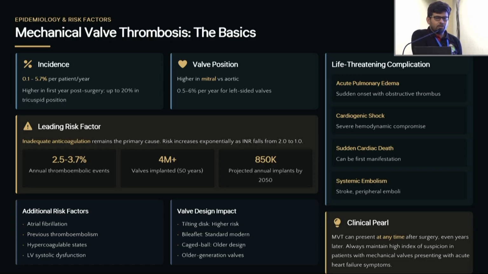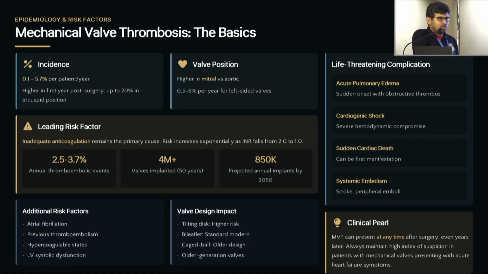Post mechanical valve replacement, the patient might have atrial fibrillation, which is a prothrombotic state by itself, along with previous thromboembolism, hypercoagulable state, and left ventricular systolic dysfunction. Valve design: it is more common in tilting disc valves, which have the highest risk among the different types of valve. And the bileaflet valve, more commonly replaced in the aortic area, is also prone to thrombosis.